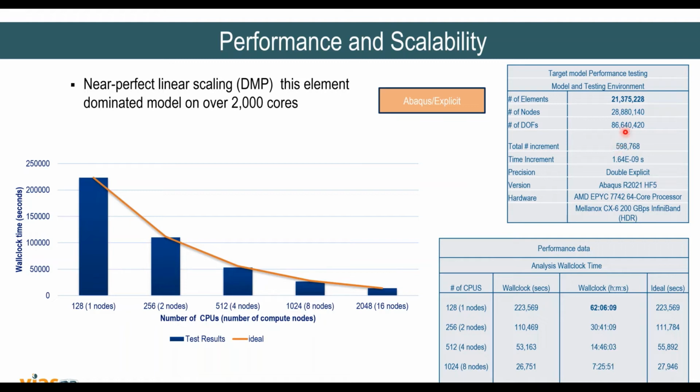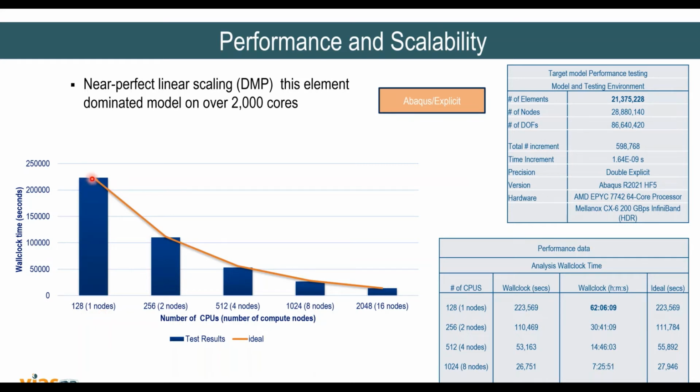If you look, here there are 21 million elements, 28 million nodes, and about 86 million degrees of freedom. It is a huge model, and it has been run on an AMD 64-core processor, on different numbers of cores. Here you have one node, and each node has 128 cores.